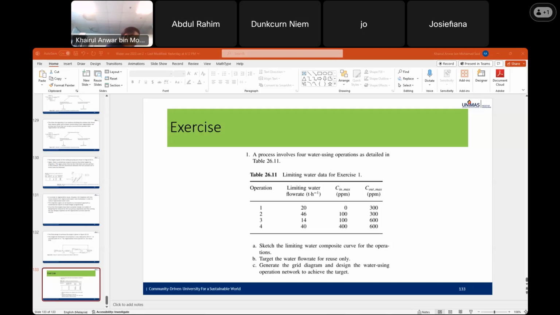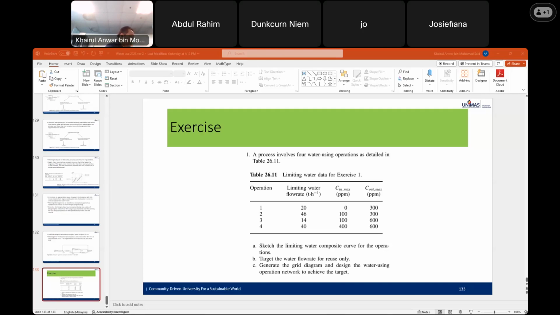So what we need to do is draw the axes, from 0 to 300. That one is the y-axis. For the x-axis, it is 326,000. Since the mass load is in kilogram per hour, divide by 1,000.